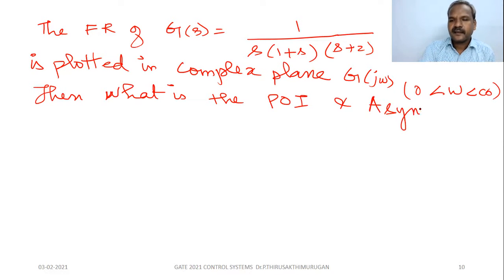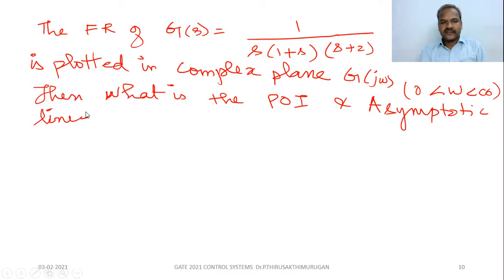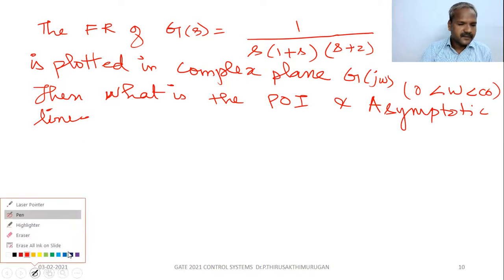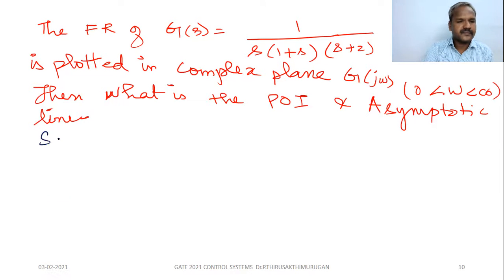Where does it cross? Where is the asymptotic line? So let us find this; it is similar to this G(s) solution.